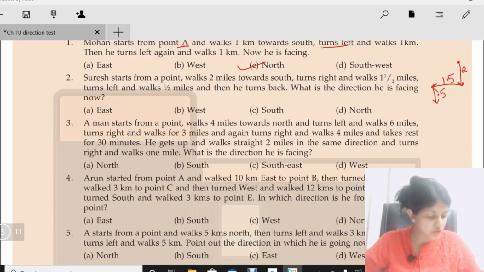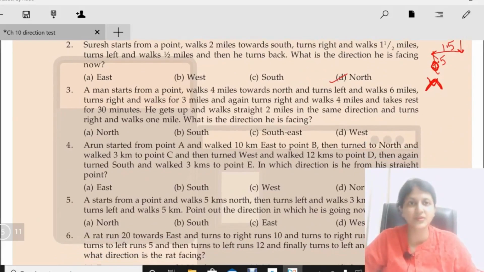And then turns back. So if he's facing here and he turns back, he will turn like this. Okay. So which direction is he facing now? North. Because he was standing like this. If he turns back, he is now standing like this. So which direction is he facing? North. Next, question number 3.